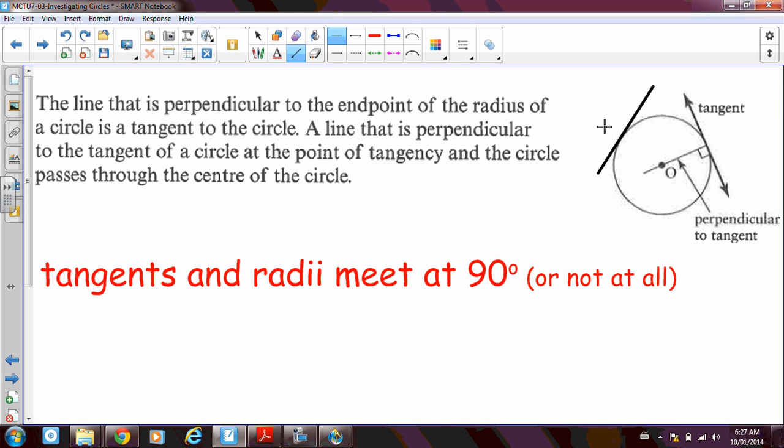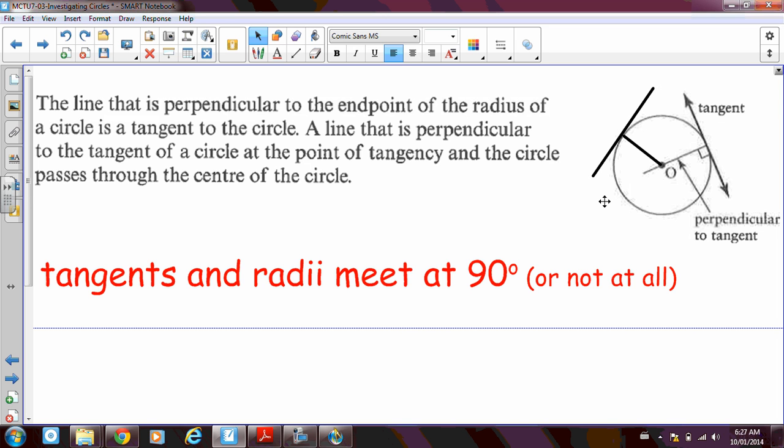So that's the idea: if this is a tangent and they are actually connecting, and this one's not going to look great, but if I've done a decent job with my tangent and my radius, then they'll actually hit at 90 degrees. That's fairly close, although again, not perfect because I'm not perfect.